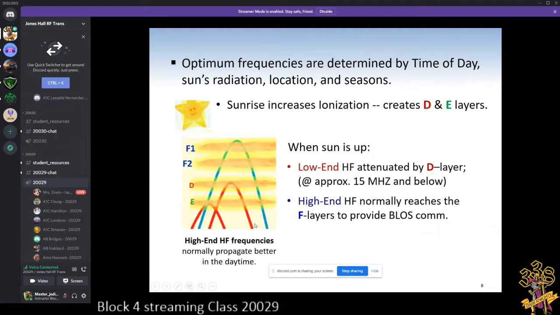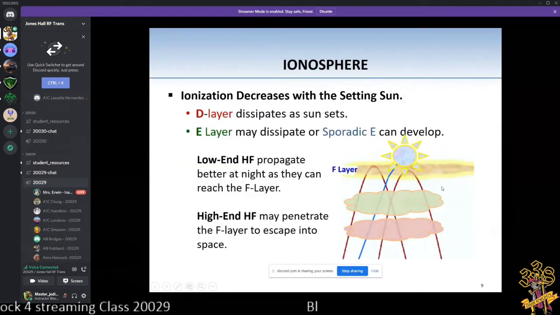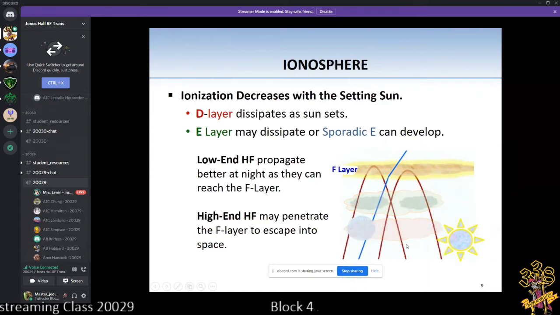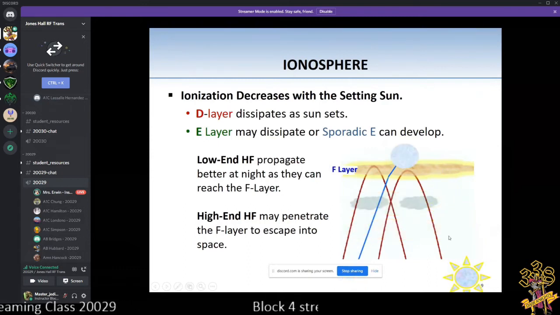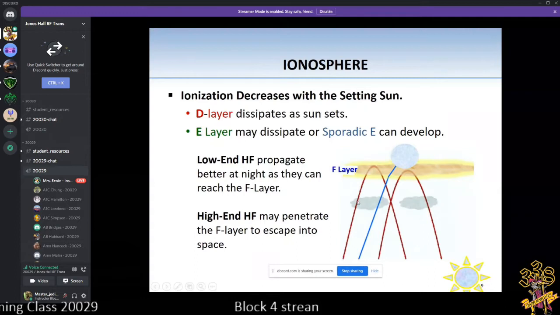Sometimes they're actually used for shorter distances. Now, the high end of your HF, though, will penetrate these lower layers to reach the F layer. Now, watch this. I'm very proud of this. As the sun goes down, the moon comes up, the D layer disappears, the E layer thins out, and your F layer thins out.